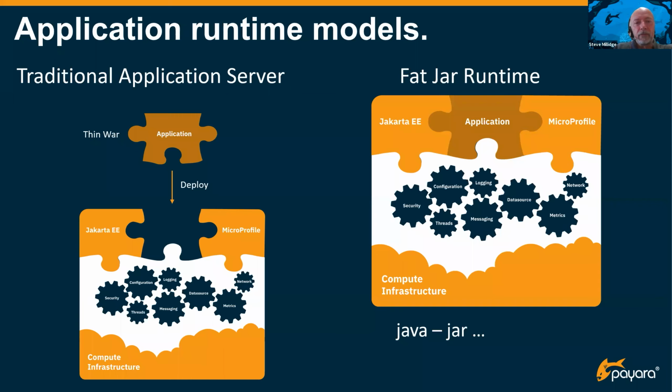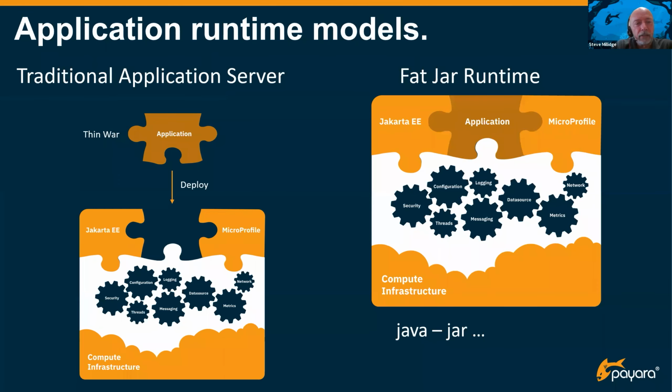The alternative model is that you would package all this up together into a single archive. And with some frameworks, you would have to assemble which data source technology you wanted to use, potentially which connection pooling you wanted to use, how you wanted to do metrics, how you wanted to do messaging and configuration, external configuration and security and things like that.